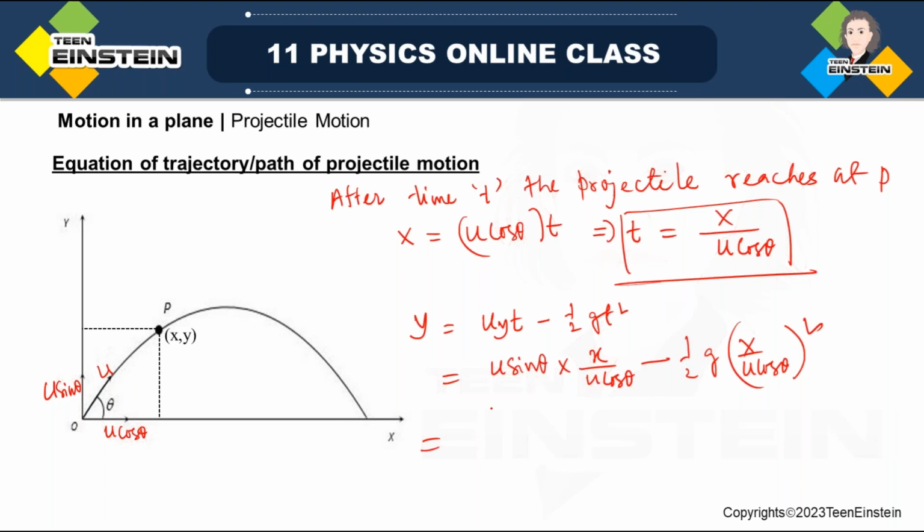So look here, what we get: x tan theta minus, I write in this way, minus g x squared in the numerator divided by 2 u squared cos squared theta.